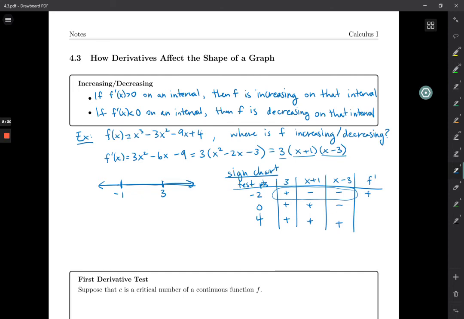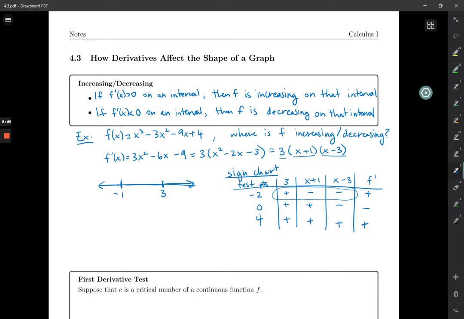So that will be the sign of f prime. And then next we have a positive number times a positive number times a negative number, and that will be negative. And then in the last row we have 3 positive numbers multiplied together. That will give us a positive number.